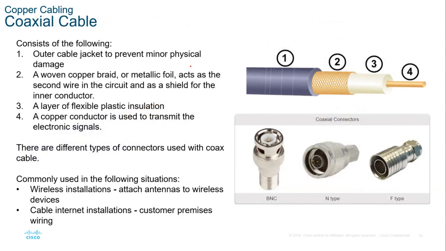We have the coaxial. It consists of the following: the outer cable jacket, a woven copper braid or metallic foil.